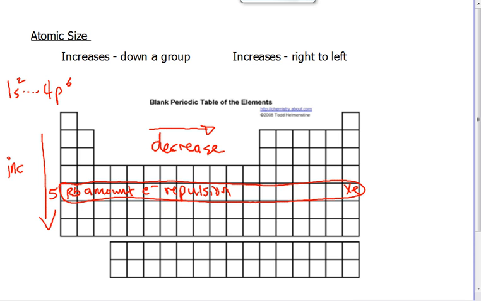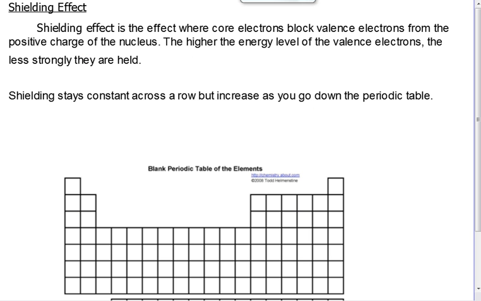And then the last trend we're going to look at, and then we're done for sure, I think, is shielding effect, which I've actually already explained, so that the inner energy levels shield the outer ones. They're shielding them from the nucleus. So if I am a xenon atom, I have 54 protons.